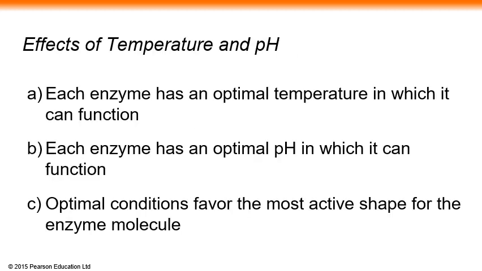For the effects of temperature and pH, each enzyme has an optimal temperature at which it can function. Each enzyme has an optimal pH at which it can function. And optimal conditions favor the most active shape for the enzyme molecule.